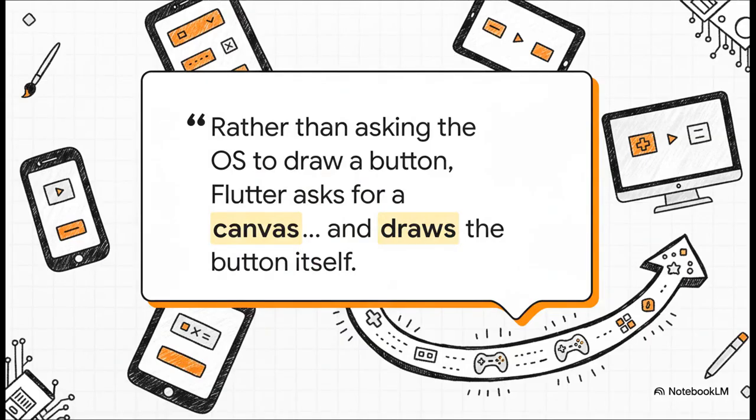Flutter acts more like a video game engine than a traditional app framework. It goes to the phone's operating system and says, hey, just give me a blank screen, a canvas, I'll handle the rest. And then it draws every single pixel itself, the button, the text, the animations, everything. This gives it absolute control, which means that button is going to look and feel exactly the same whether it's on an iPhone, an Android, or a desktop.